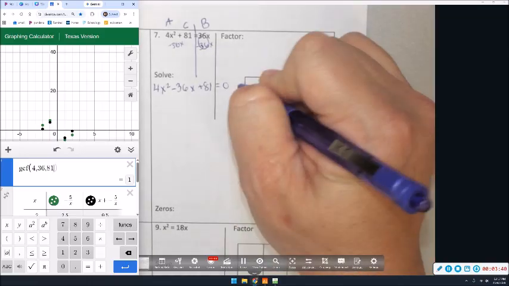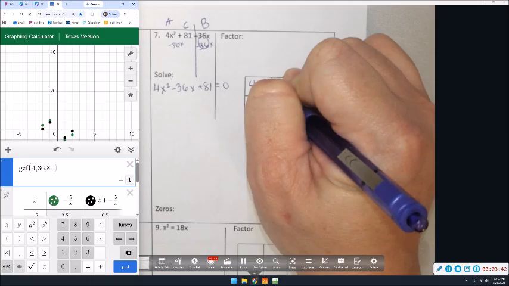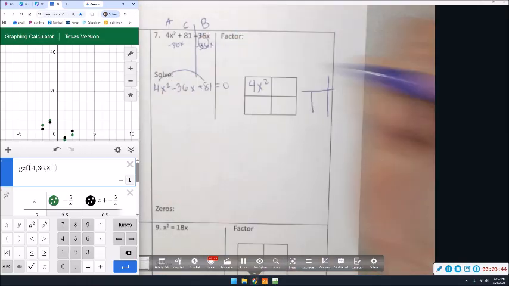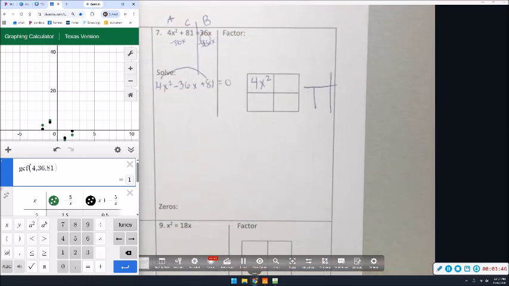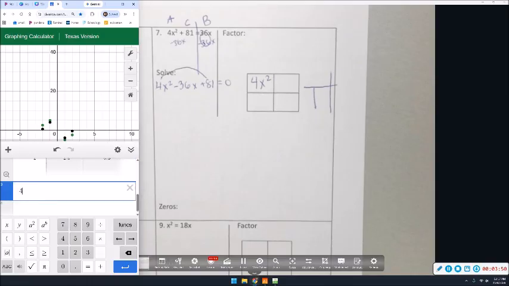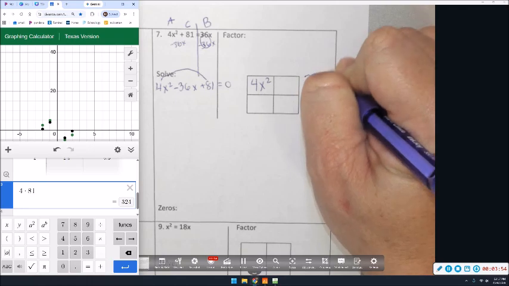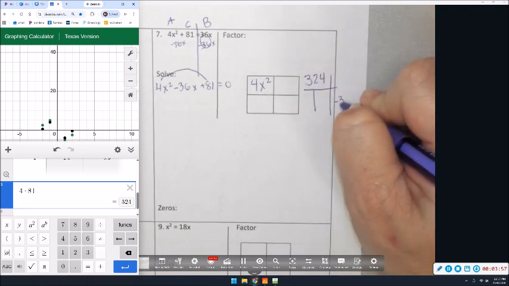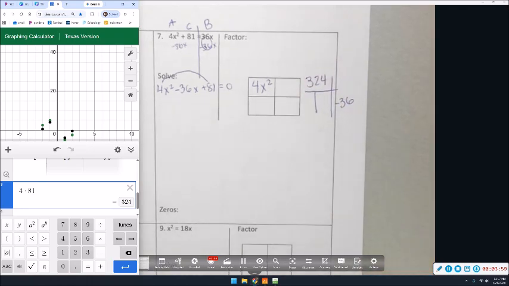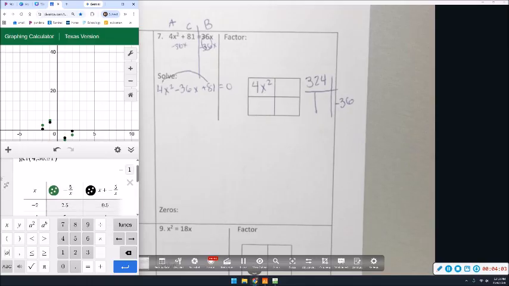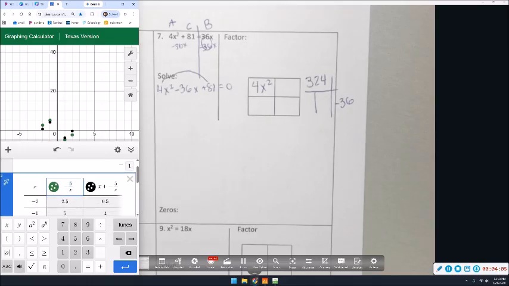First term, first box. What's my A times C? 324. And B is negative 36. So we can change this. 324.